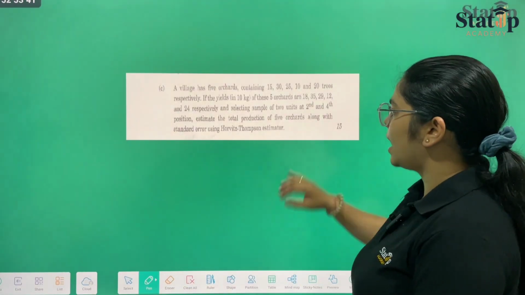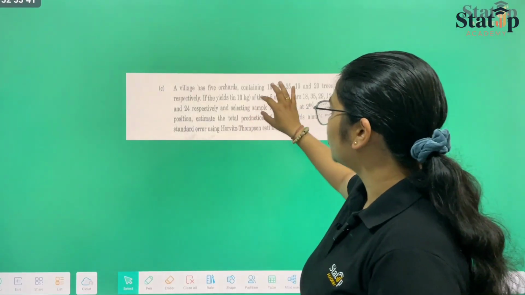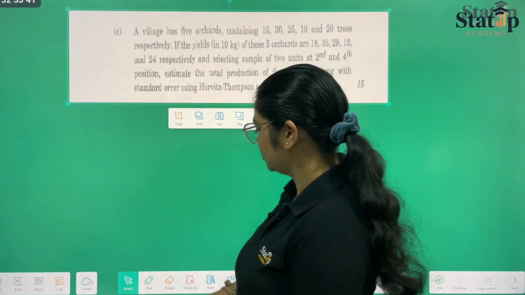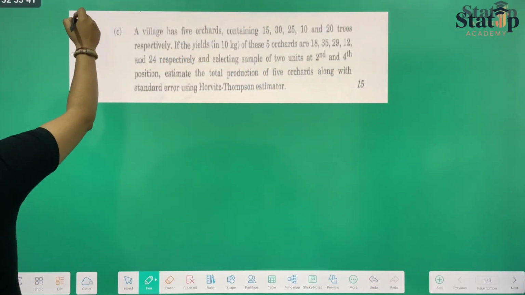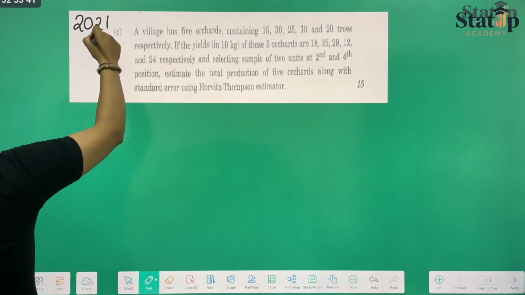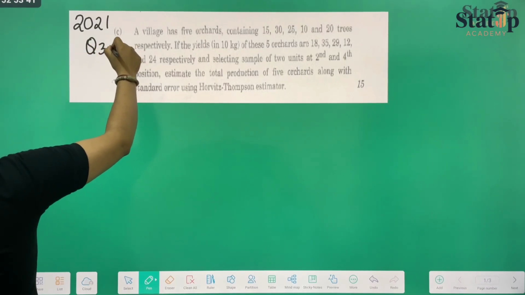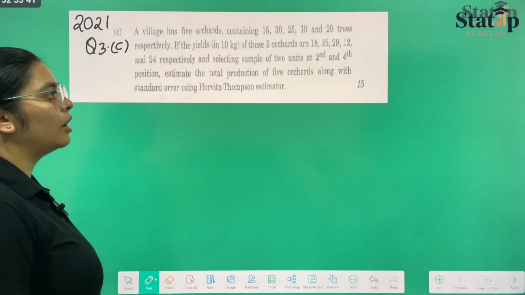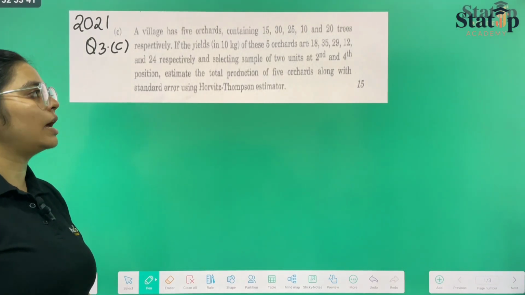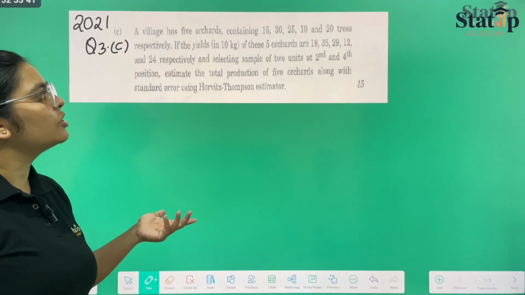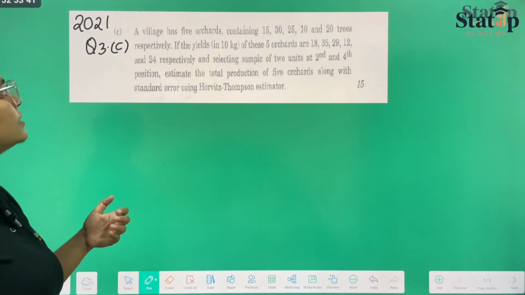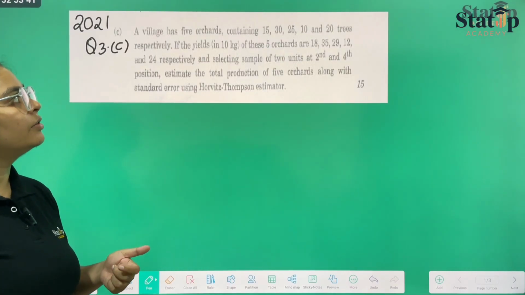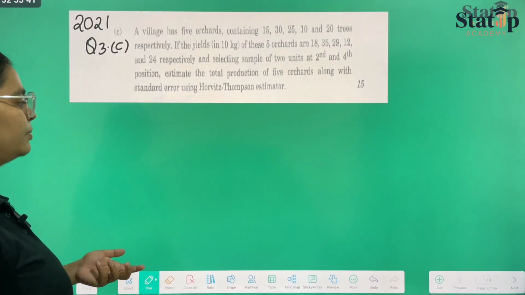This is the question. As you all can see, this question has been taken from your 2021 question 3 part C. It is a PPSWOR question, probability proportional to size, in which they have given us that a village has 5 orchids containing 15, 30, 25, 10 and 20 trees respectively.